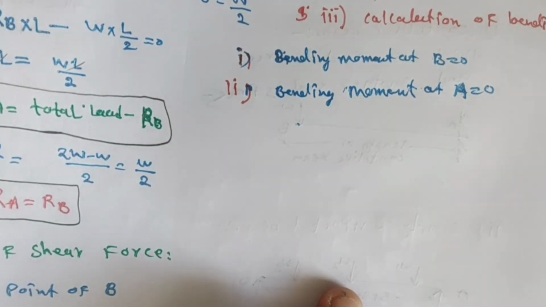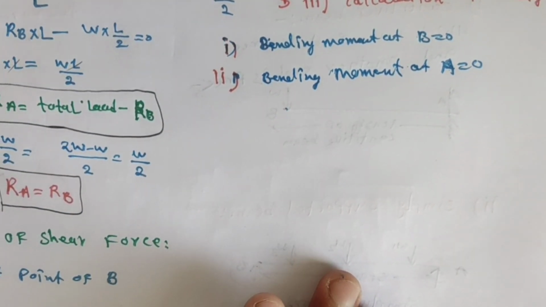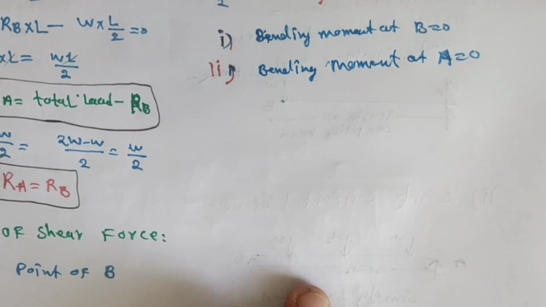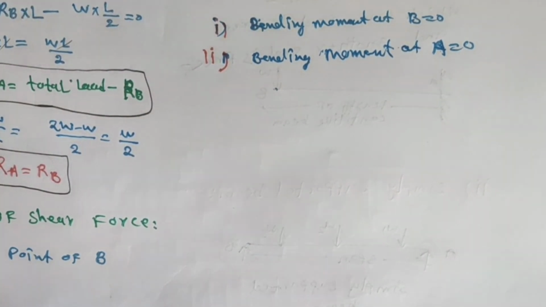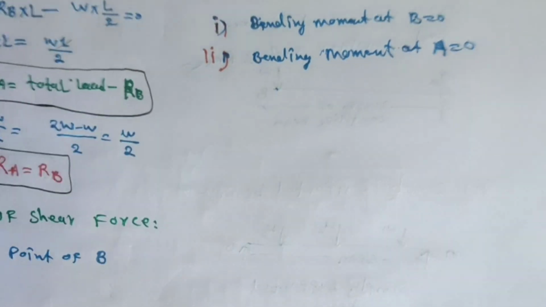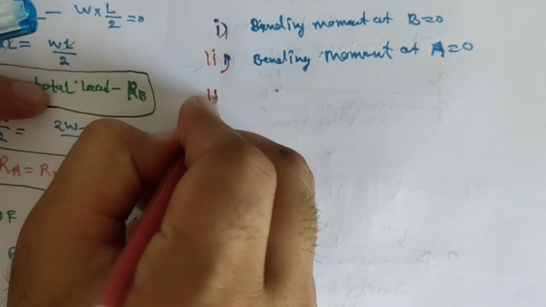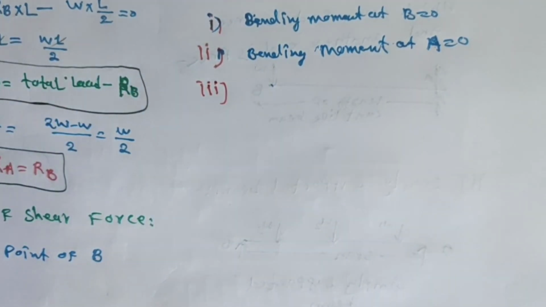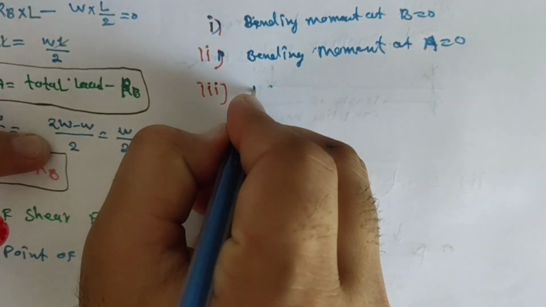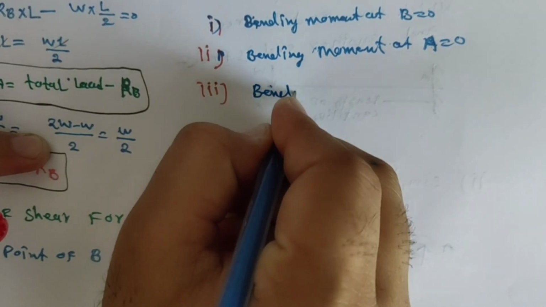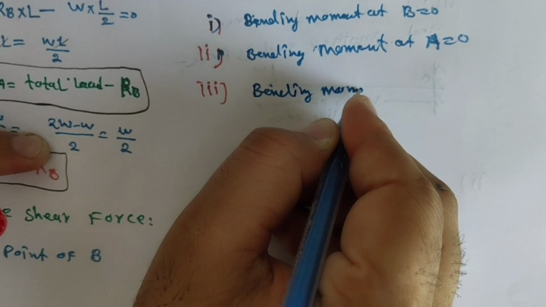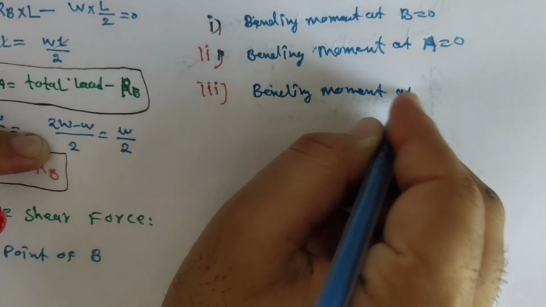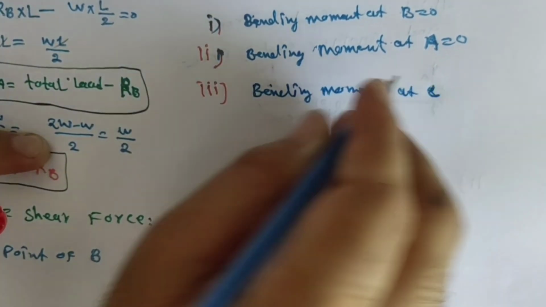That's why the bending moment is 0, but the shear force at that point is maximum. Now we will find the bending moment at the point of C. In the third point, bending moment at the point of C is maximum.